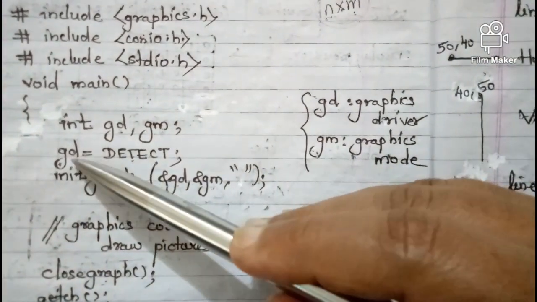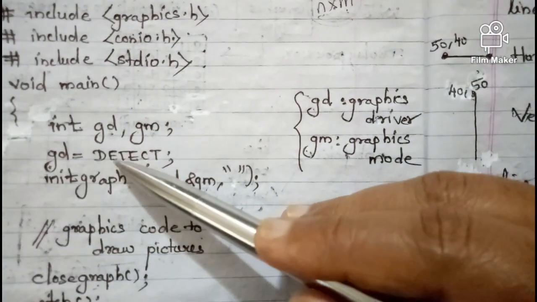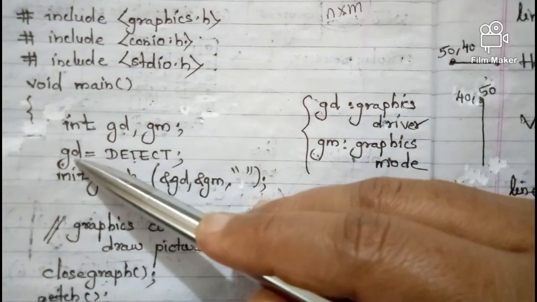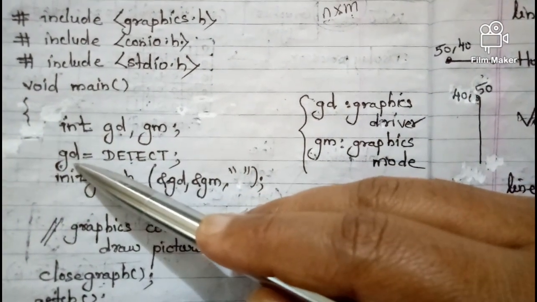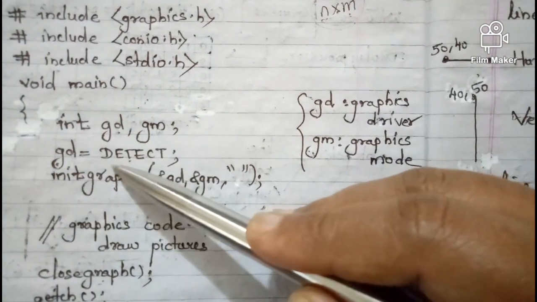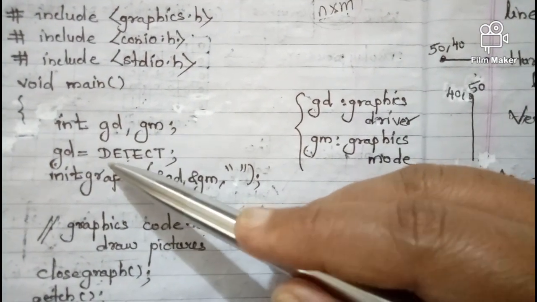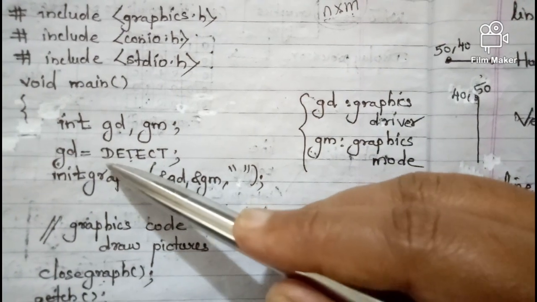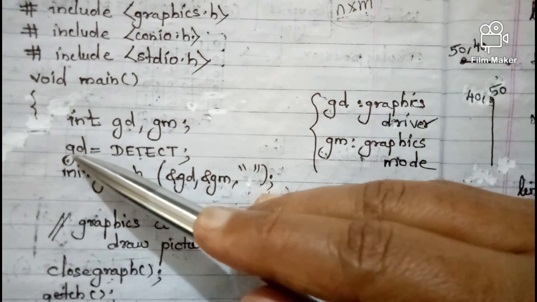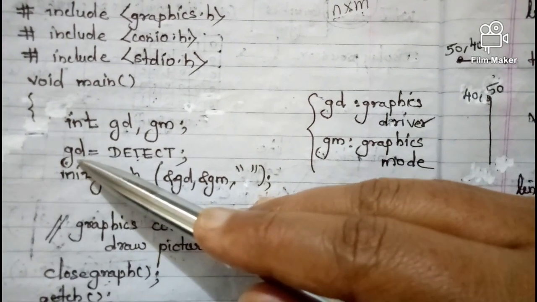So, he requests the computer system to automatically detect the graphics driver in your program. I repeat, GD equal to DETECT is a statement which allows the computer system to automatically detect the graphics driver in your computer system.